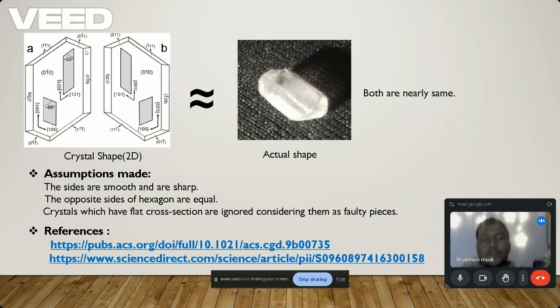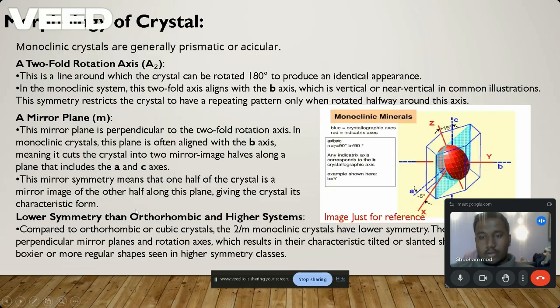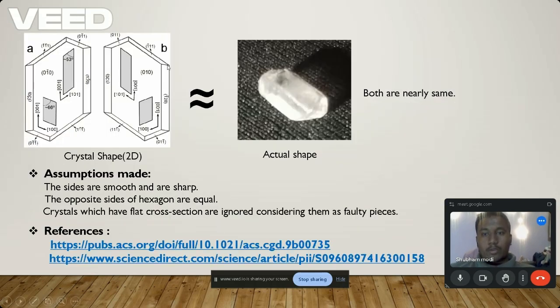You can see this shape resembles the actual crystal shape in 2D. This length is lengthier, and this is a little smaller. This destroys the higher order symmetries. Like in orthorhombic crystals, there is a chance of mmm symmetry, but that is not available here.